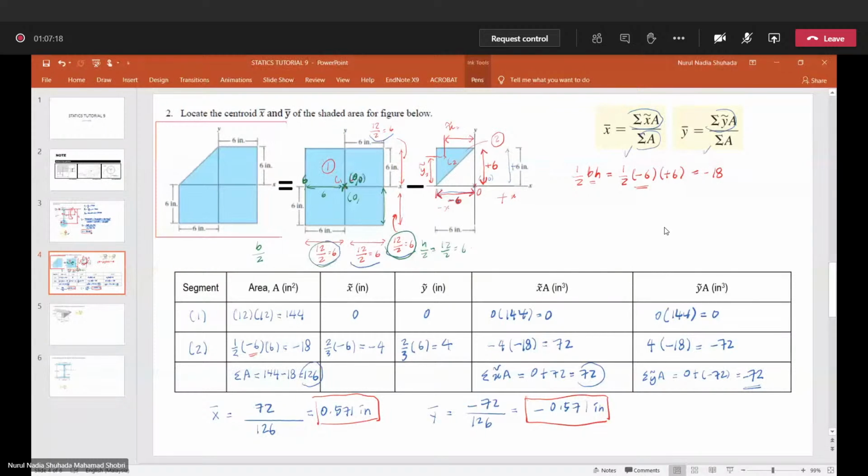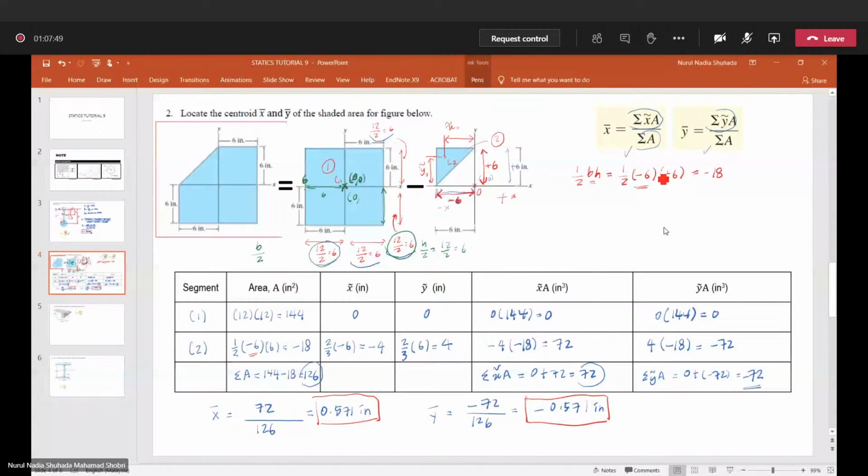But for the rectangle, for the square, we don't have to mind whether the value is negative or not, because the centroid of the square actually overlaps with the coordinate 0, 0 at the center there. However, for the triangle, as you can see, the centroid is here.